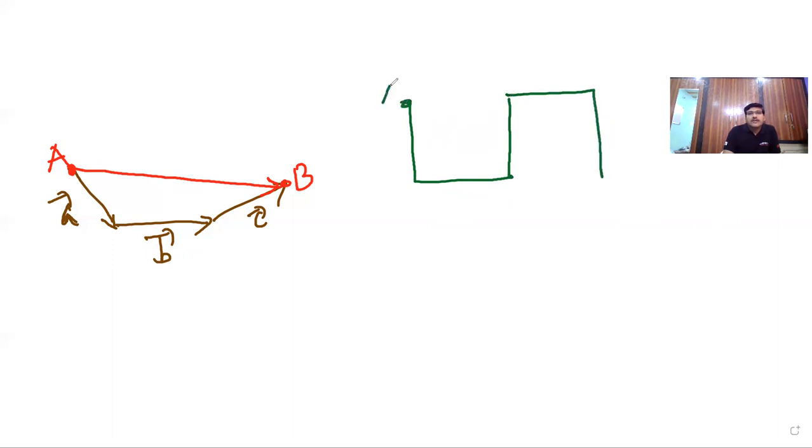This is the point A, this is B, this is C, this is D, this is E, this is F. Yes, this is F. Now directions, you know, A to B, B to C, C to D, D to E, E to F. Clear?